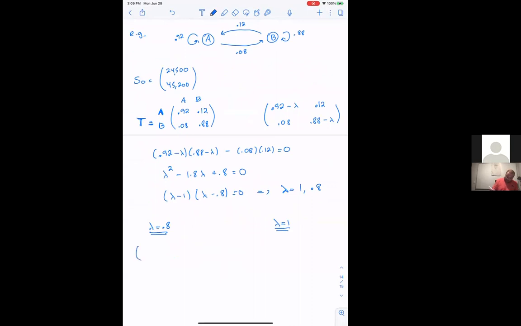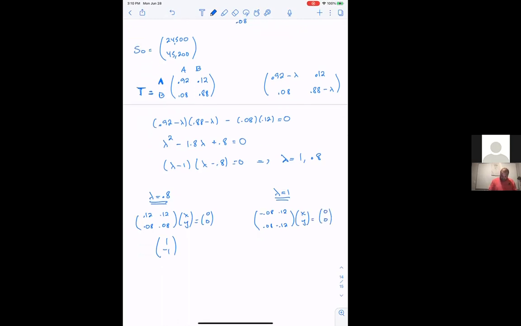If I plug in 0.8, 0.92 minus 0.8 is 0.12, 0.12, 0.08, 0.08, acting on x y is equal to 0, 0. I immediately get 1, negative 1. And for lambda equals 1, I get negative 0.08, 0.12, positive 0.08, negative 0.12, acting on x y is equal to 0, 0.